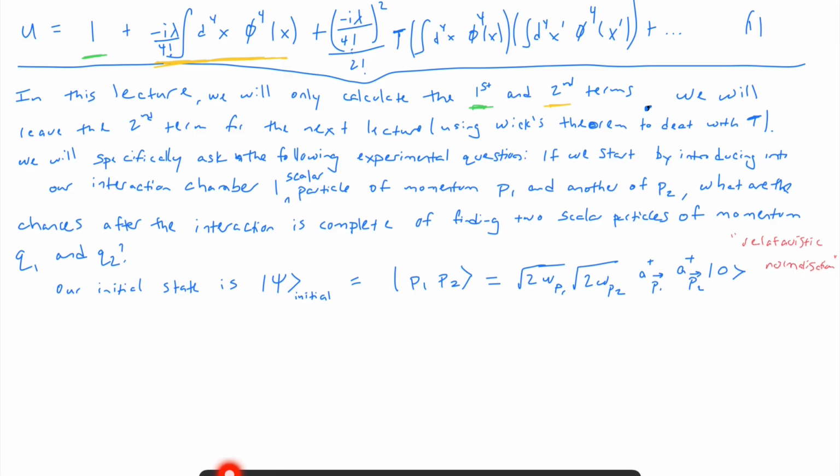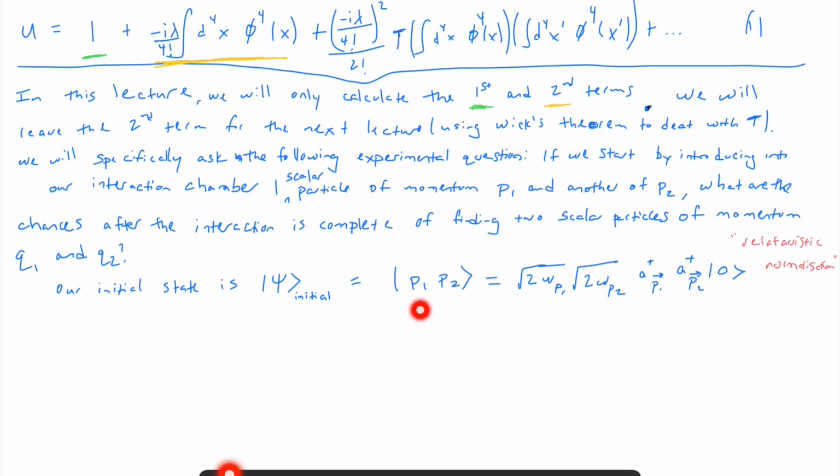Our mathematical representation of our initial physical state is this, psi initial, and that's taking the vacuum state, daggering it with a-dagger of p1, a-dagger of p2, and then adding this factor for relativistic normalization like we just talked about previously. The notation here is interesting, and I'll go over this a couple of times.